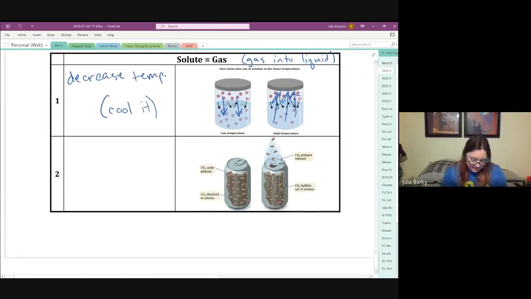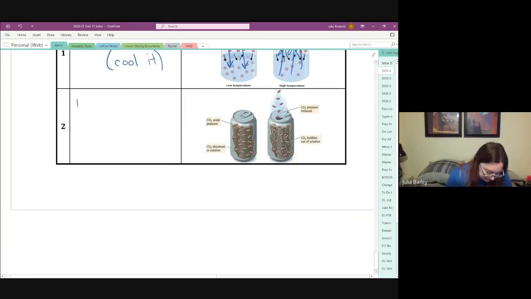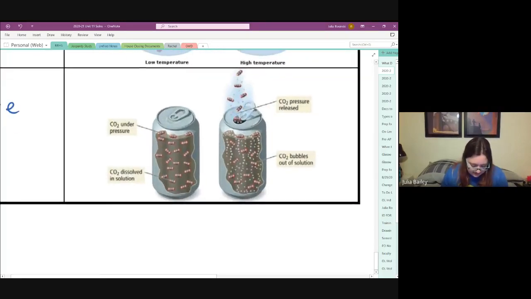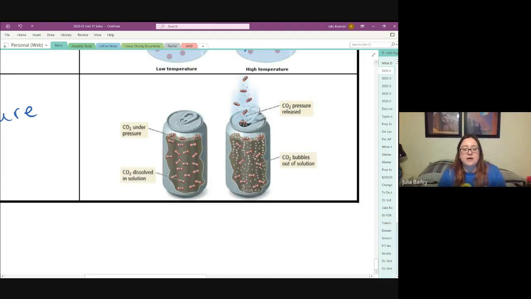The second way to make a gas dissolve more quickly is to increase pressure. And that is, again, because if they are under pressure, they're sort of getting pushed inside the liquid.